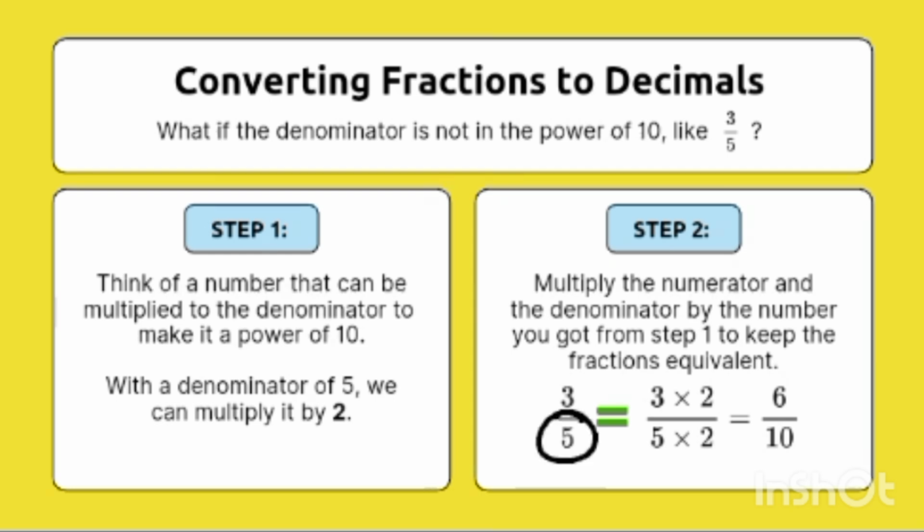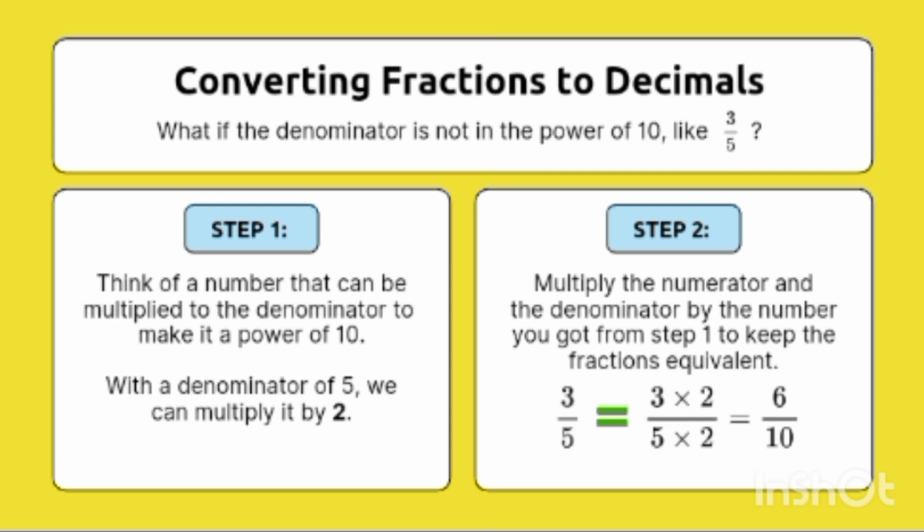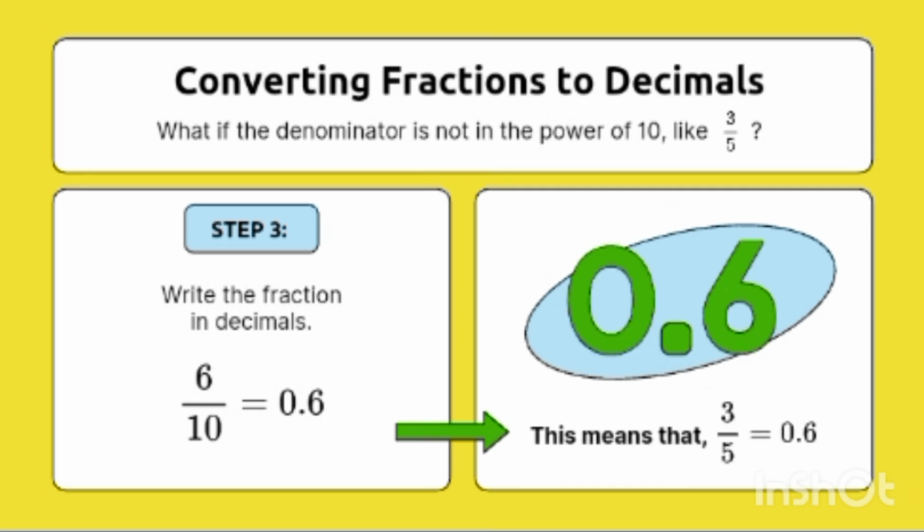So what they said is, with the denominator of 5 we can multiply it by 2. You need to see what you will multiply with 5 to get 10 in the denominator. Then multiply the numerator and denominator by the number you got from the first step to keep the fraction equivalent. So when we multiply that, we will get 6 by 10.